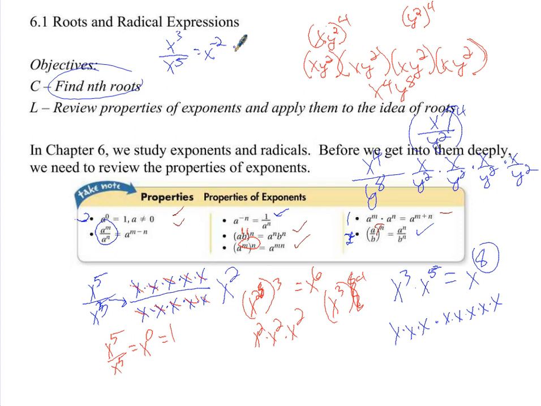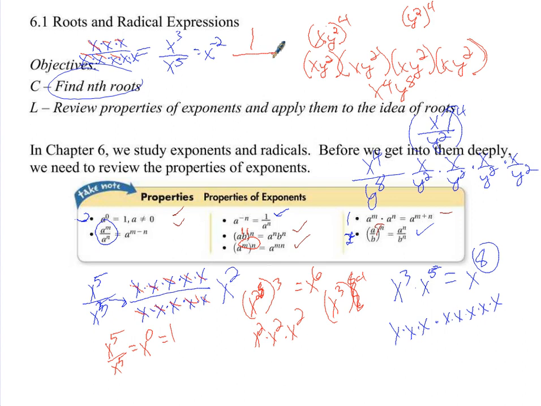Well, if I write out x to the third, I have x times x times x divided by x times x times x times x times x. Now if I do like what I did here, I can form a bunch of fancy ones. Here's one, here's another, here's another. What's left in the numerator? 1.